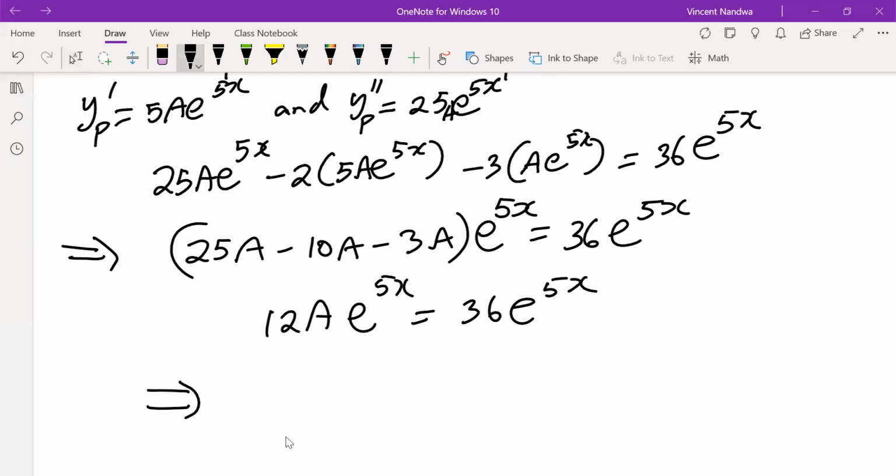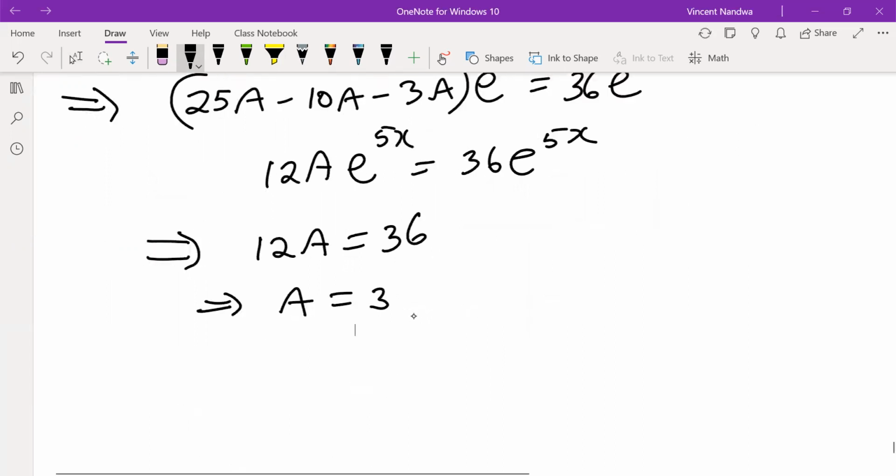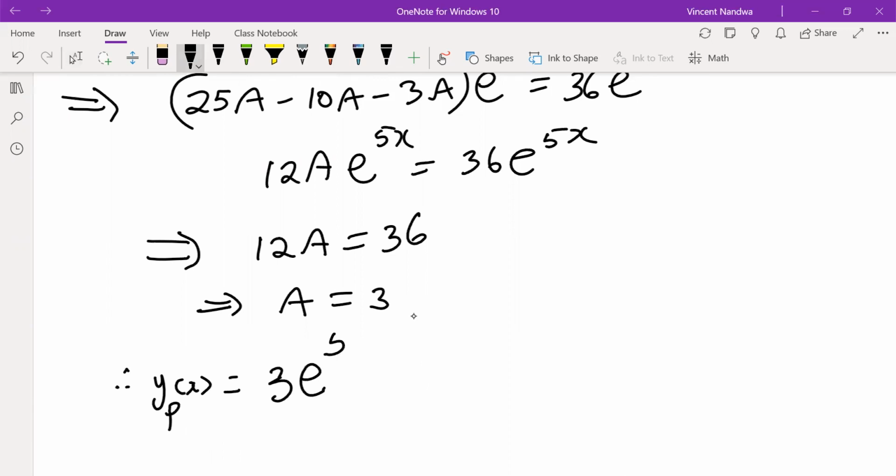It should be clear that 12a is 36, which implies a is 3. Now, which means that yp of x is 3 e raised power 5x.